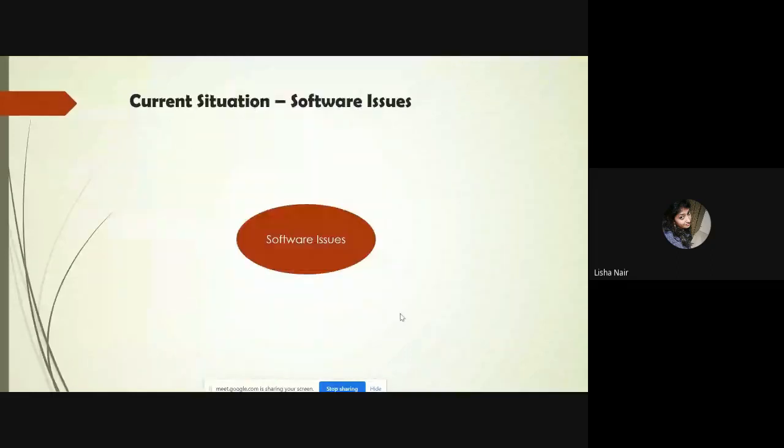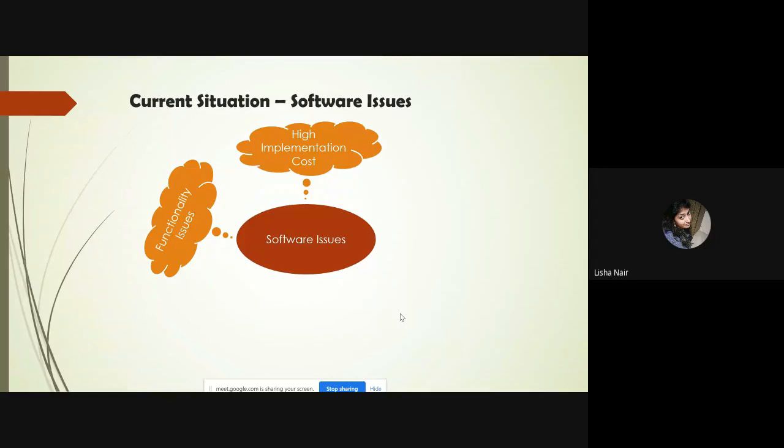What are the software issues? Basically you have defined a certain functionality, you have implemented according to that, but you still have made a mistake on the functionality, which is called a functionality issue. And what are the other software issues? Development within a time frame.